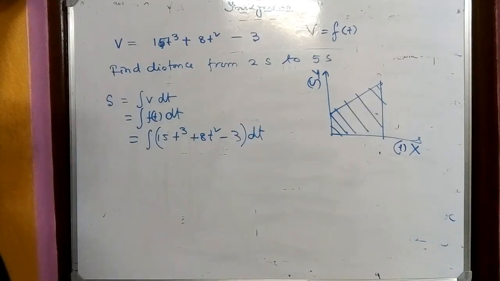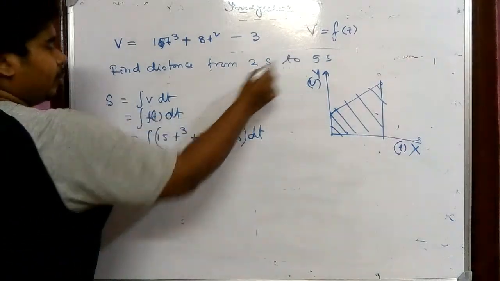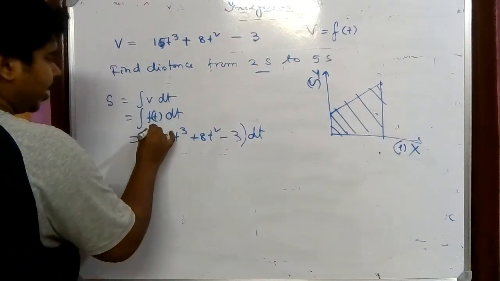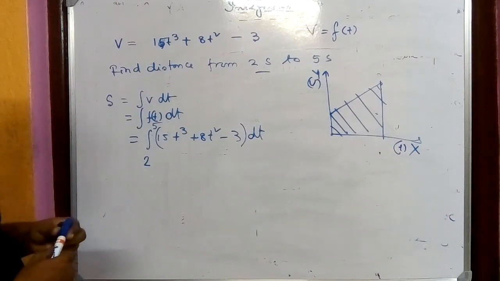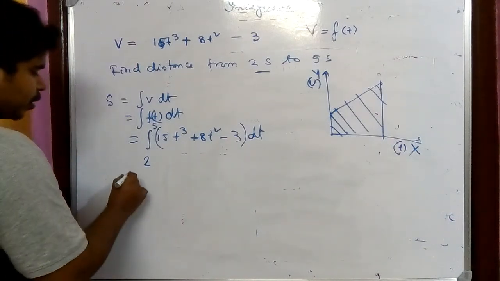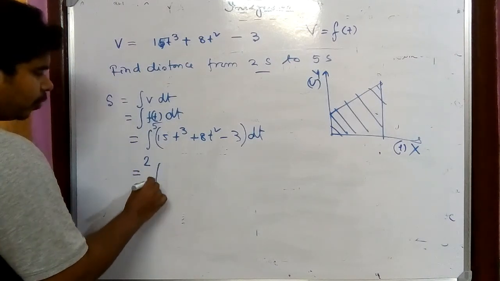And there is a limit given to you. The limit of time is from 2 to 5, so definitely it is a definite integral. First we have to do the integration, then we will go for the limit.